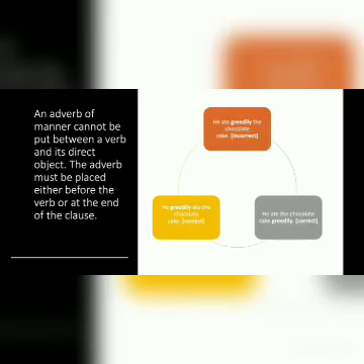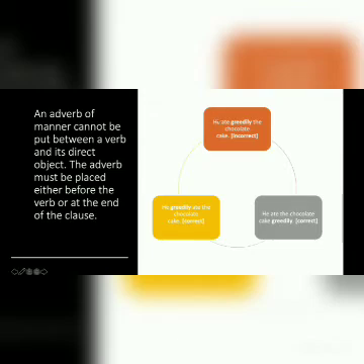Another example is: he ate the chocolate cake greedily. The chocolate cake is the direct object because he ate what? The chocolate cake. How did he eat it? How is the question to find the adverb. Greedily is the adverb, and these are all adverbs of manner. Now, adverbs of manner cannot be put between the main verb and the direct object.